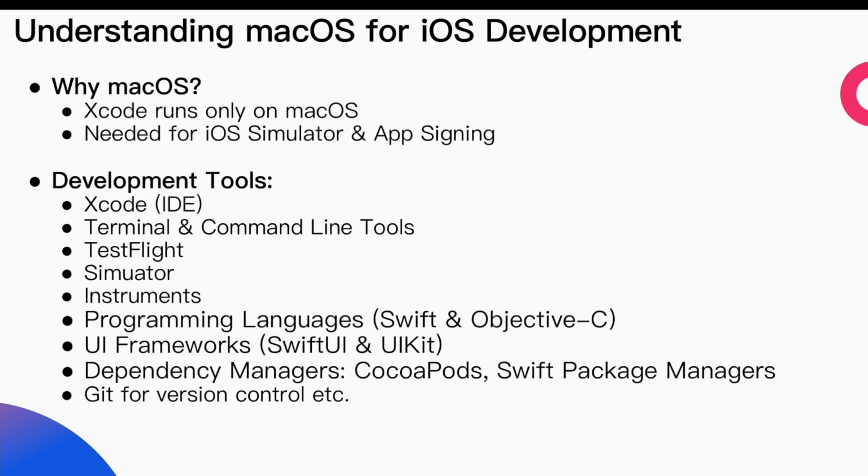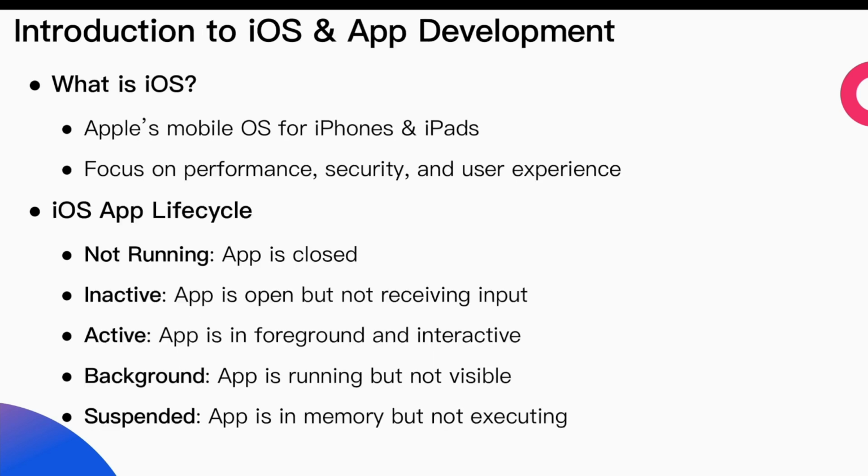By mastering these tools, we'll be able to build, test, and fine-tune our apps efficiently. macOS is very essential, because without Xcode we cannot run any iOS or macOS applications.